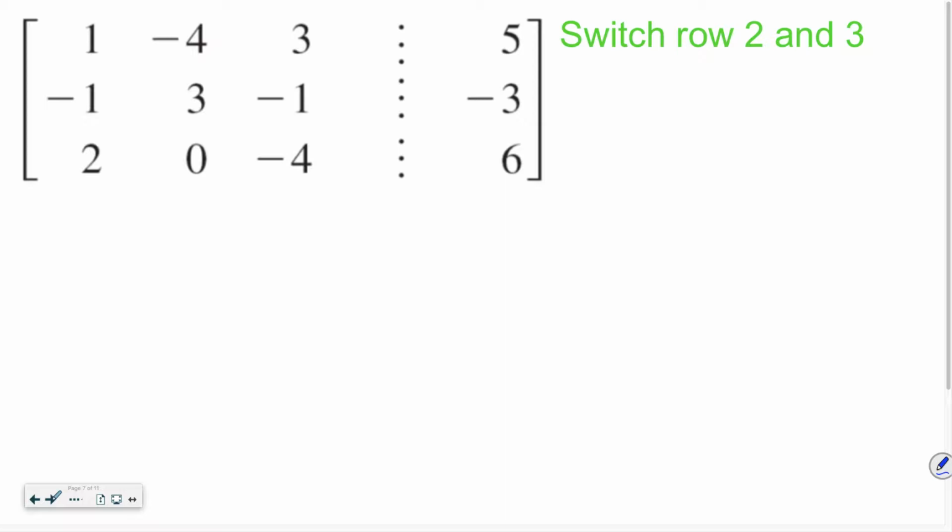So for example here, I'm going to ask you to switch rows 2 and 3. When you do that, notation-wise, I want you to tell me that you're switching row 2 and 3, and then write the matrix where that actually occurs.